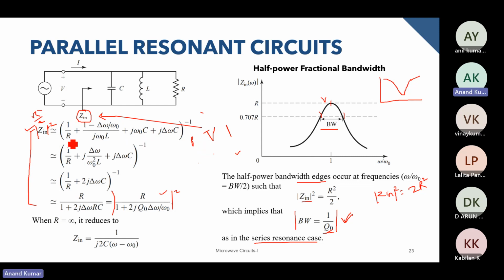Only when you substitute the expression for input impedance do you find different expressions for the power, voltage, and everything for the two circuits. And this is good that we have the same expression for bandwidth in case of series or parallel. Much easier to remember.